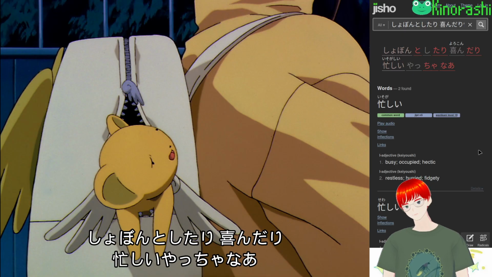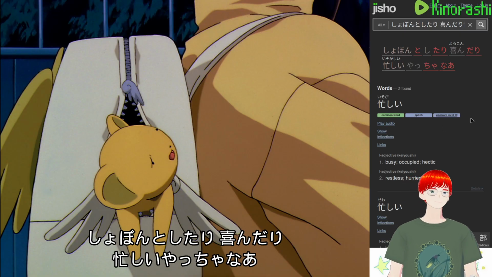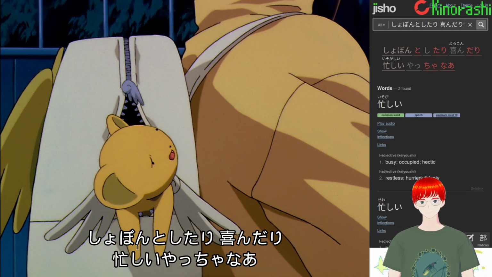The core yachana is a contraction of yaru. Oh, this is from yaru. So yatte. Oh, yatte shimau. No, it can't be that because there's no u there. This is Kansai-ben.